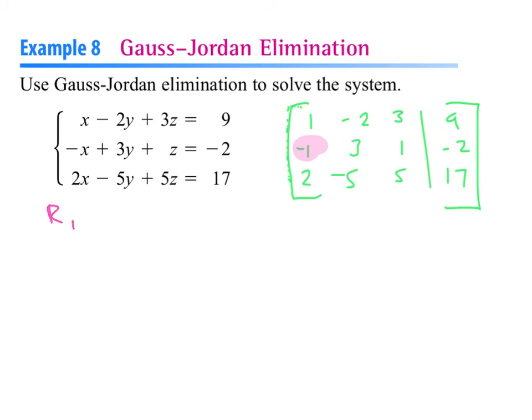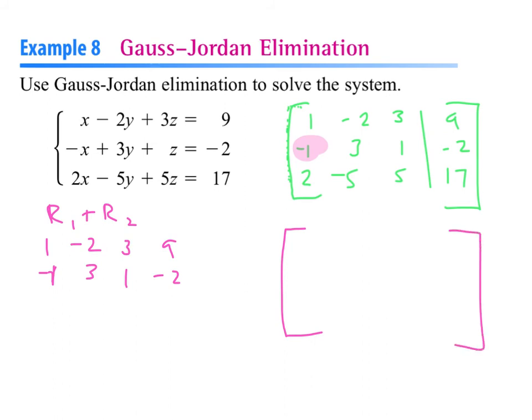We can just add row 1 to row 2. So we have 1, negative 2, 3, 9, negative 1, 3, 1, and negative 2. Our first row stays the same because we already have that 1 in that first spot. We're adding the first row and the second row to get that 0 in the second spot. So we have 0, 1, 4, 7.